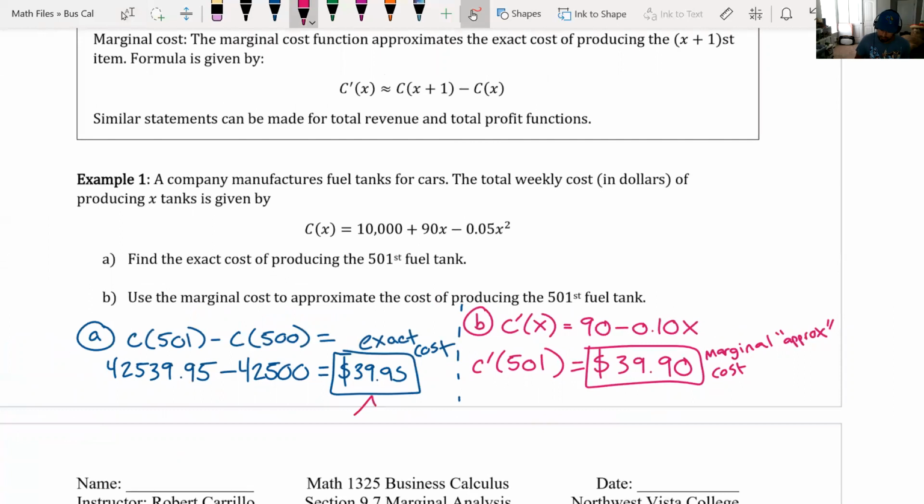So just look at the difference between those. We were off by 5 cents. And most of the time, it's always going to be off by some change, by $1, anything like that. Okay. All right, and that's exact cost. That's marginal cost. Let's move on.